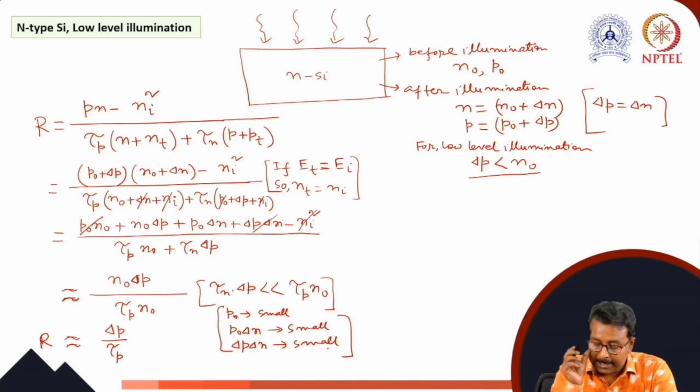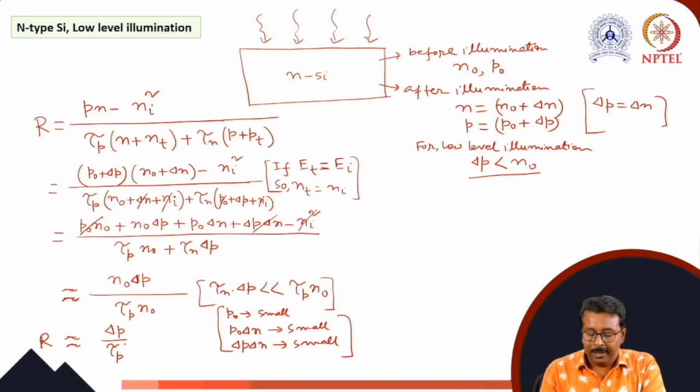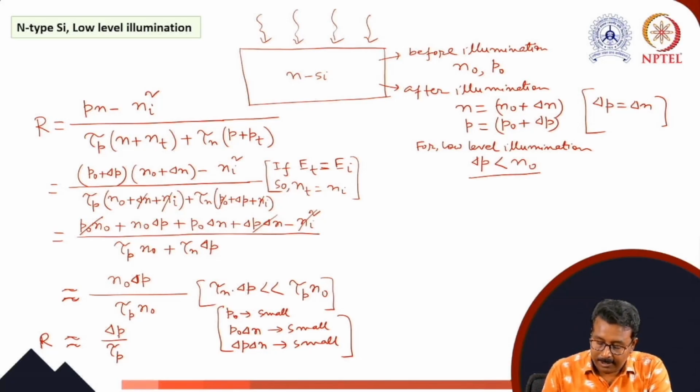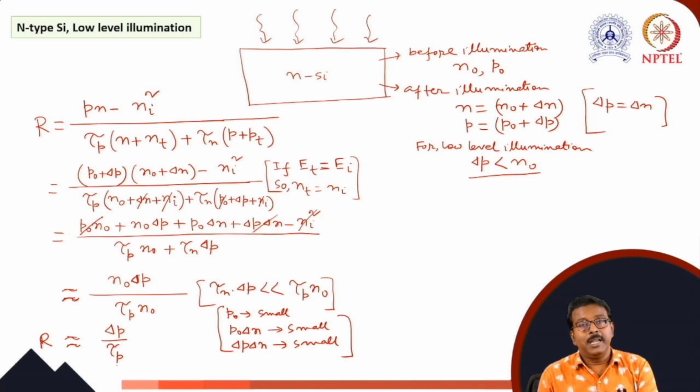So ultimately you can get that the recombination rate in an N-type semiconductor is almost equal to the excess minority carrier concentration divided by the minority carrier lifetime. That means there is no relationship with the majority carrier. And in an N-type semiconductor, the recombination rate is mainly controlled by the recombination lifetime of the minority carrier.